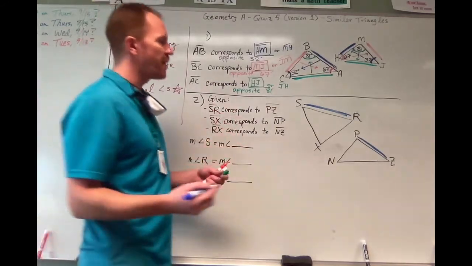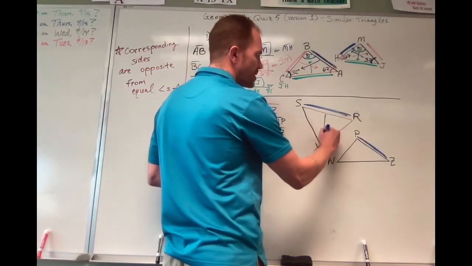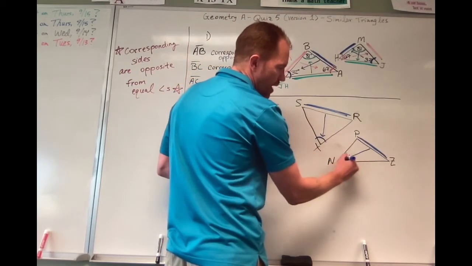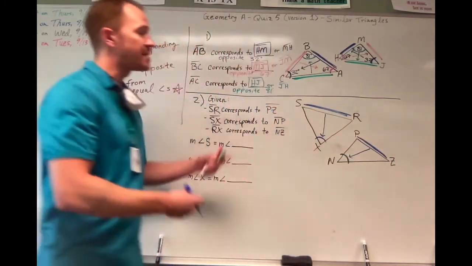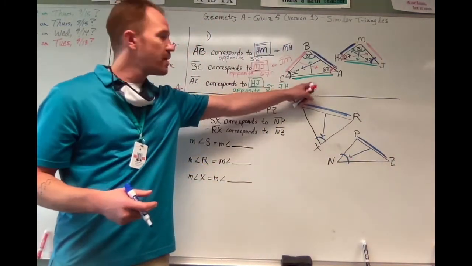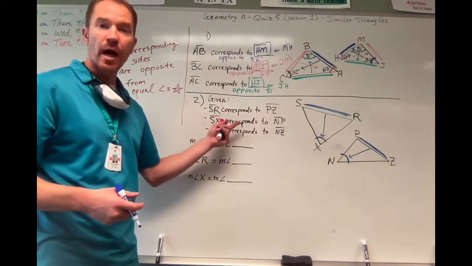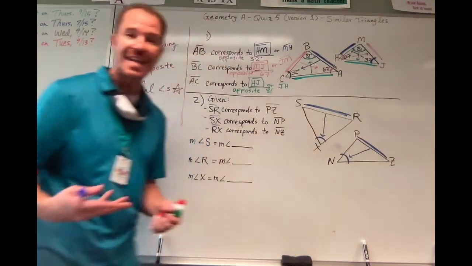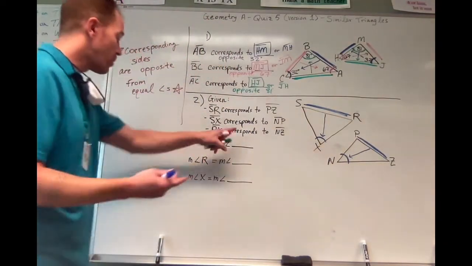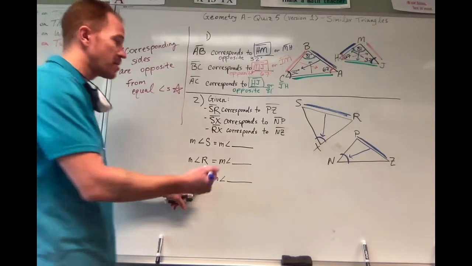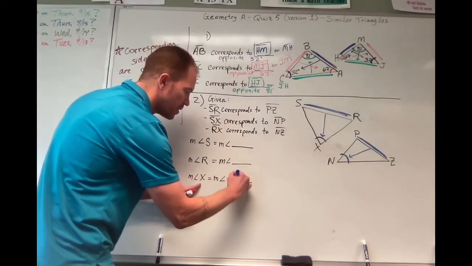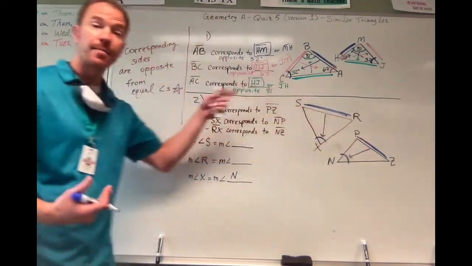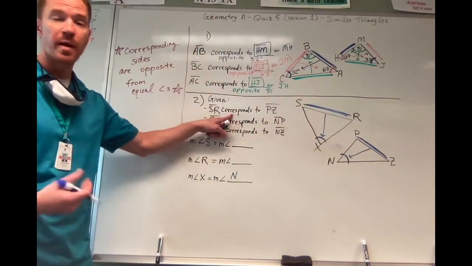But okay, SR is opposite angle X, and PZ is opposite angle N. So it's just the reverse of number 1. Sides that correspond are opposite from equal angles. So angle X is equal to the measure of angle N, because they're both opposite sides that I'm told are corresponding.